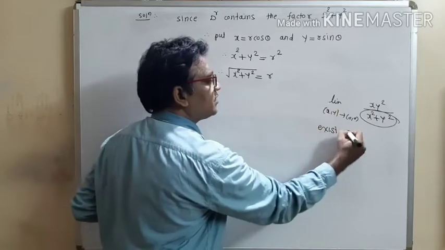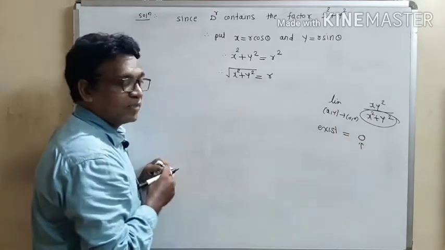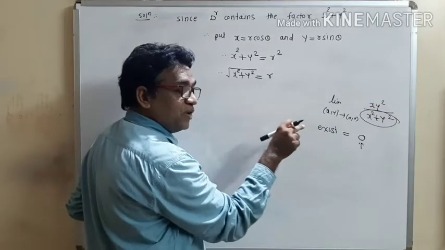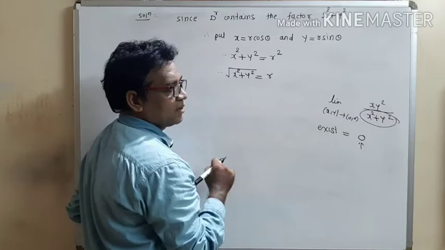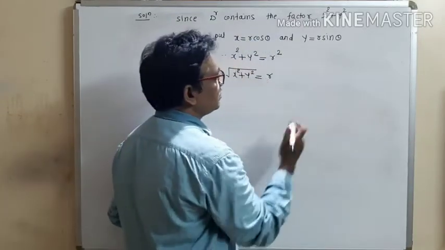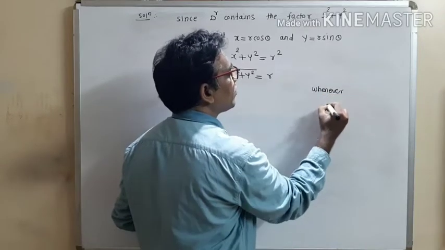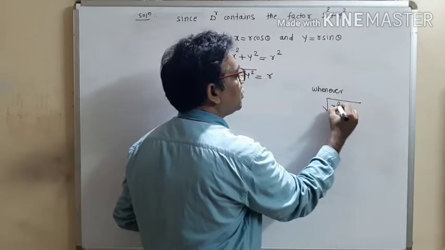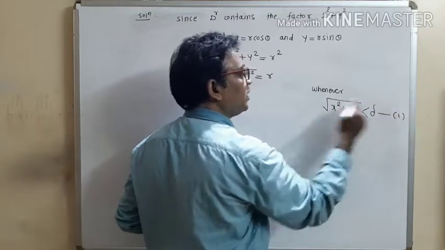We can find its limit and it is given by the unique value 0. How to show the unique value 0? We use the epsilon delta method. So see what is the method. This is the definition. Whenever under root x square plus y square is less than delta, this is our known equation.